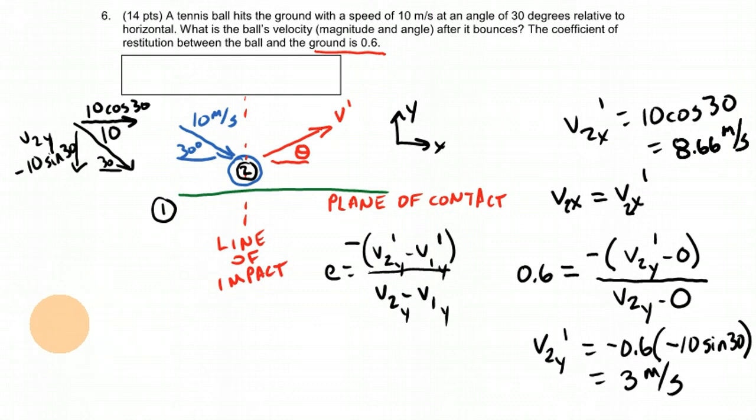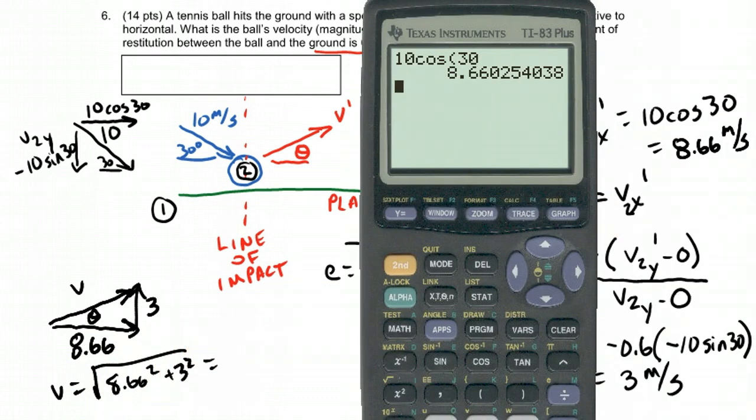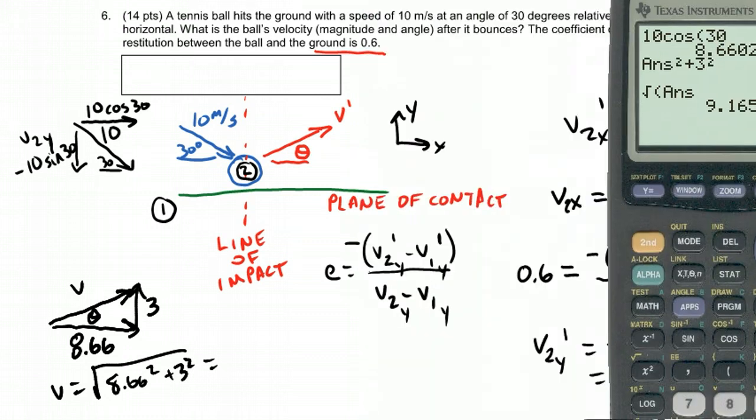Just redrawing it over here, we've got an x component of 8.66 and a y component of 3. We're looking for that velocity and that angle. The magnitude is the square root of the sum of the squares: 8.66 squared plus 3 squared, square root. That's 9.16, 9.17 rounded, meters per second.